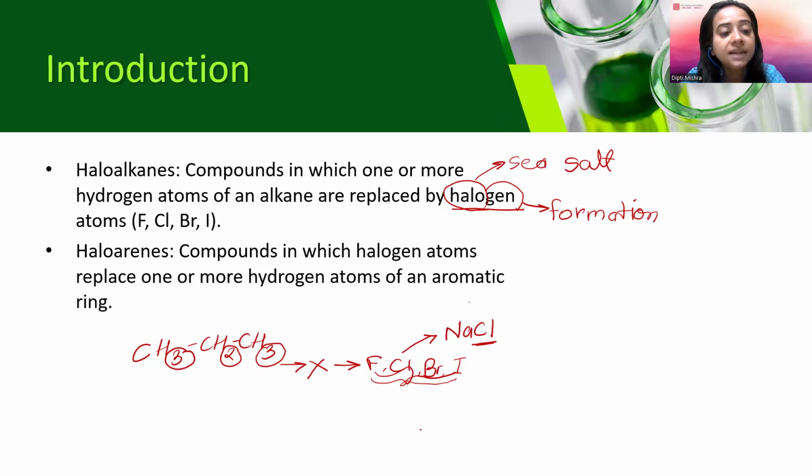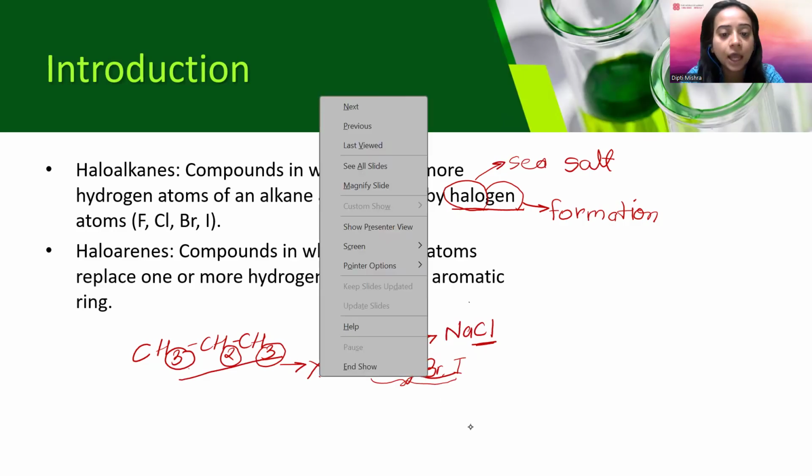So what I was saying, this is your plain alkane chain. In that, if we replace one, two, or three hydrogen atoms by a halogen atom, then it is known as a haloalkane.